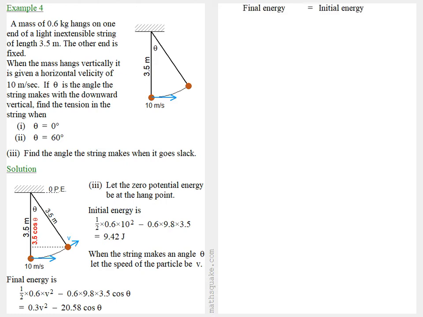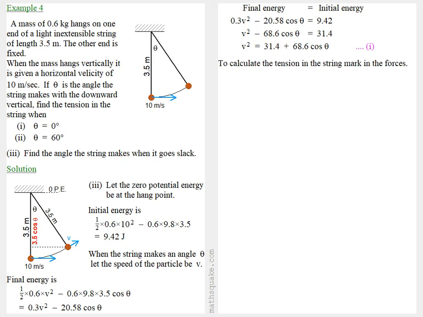Now we know the final energy is equal to the initial energy. So 0.3 v squared minus 20.58 cos theta equals 9.42. Now if we divide all the way through by 0.3, we get v squared minus 68.6 cos theta equals 31.4, which can be rearranged. V squared is 31.4 plus 68.6 cos theta. We can call that equation 1.